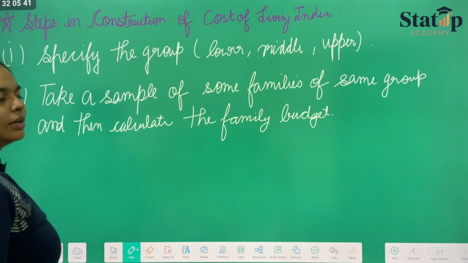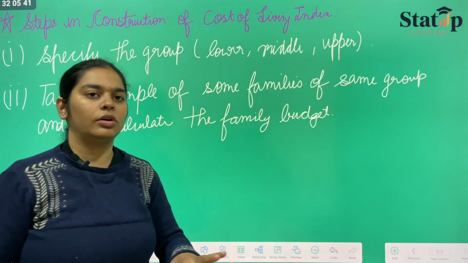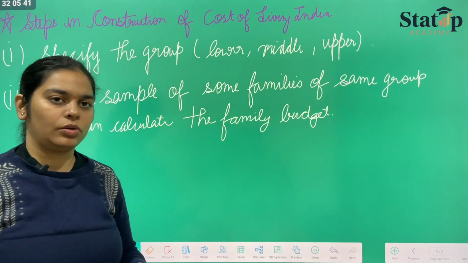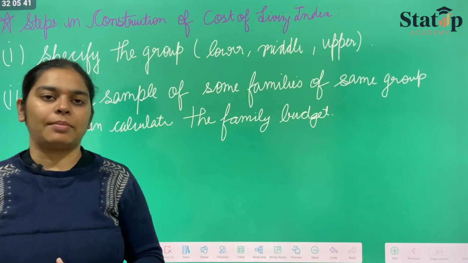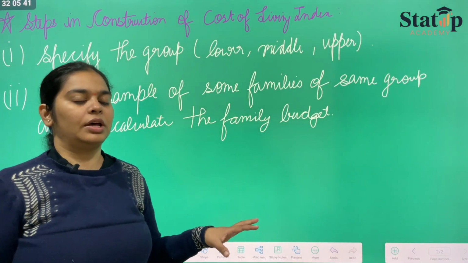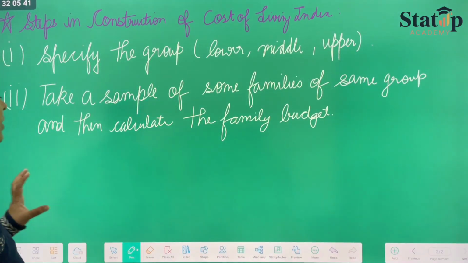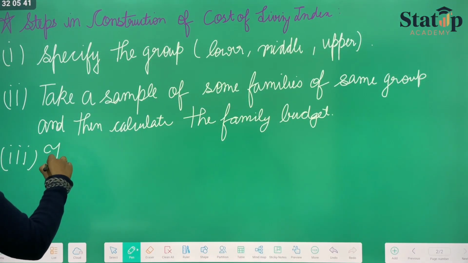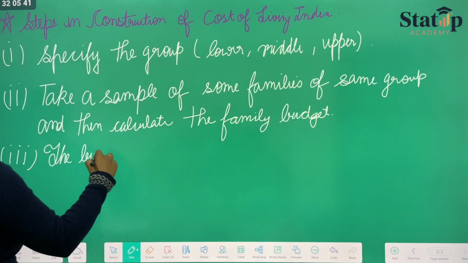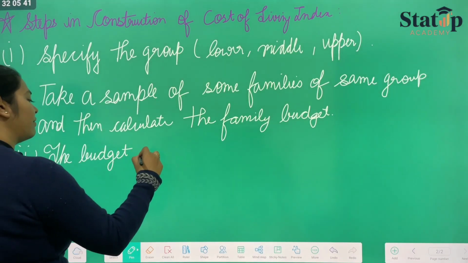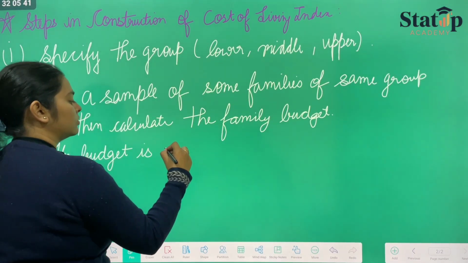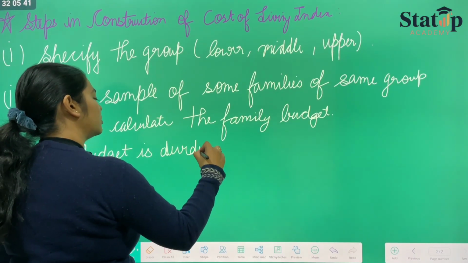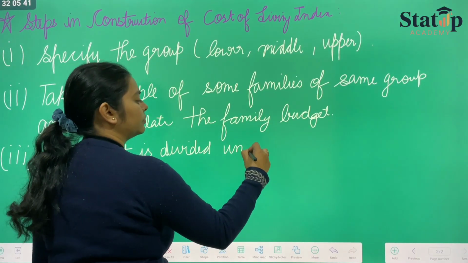If I have taken the lower class, then all the population is homogeneously lower class only. Then we'll take some families out of that and calculate their budget, whatever their budget is. Then the third step is that the budget is divided under categories.